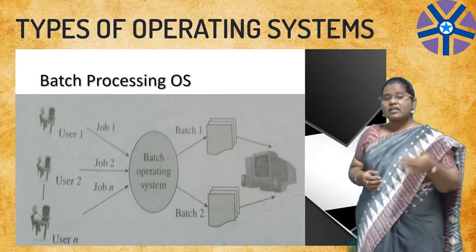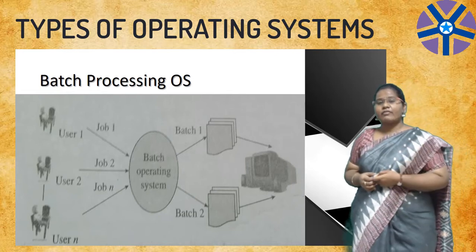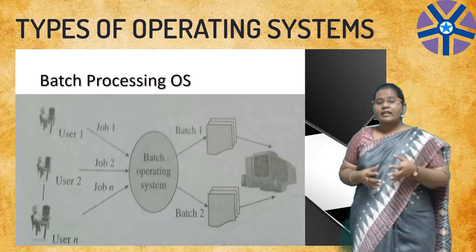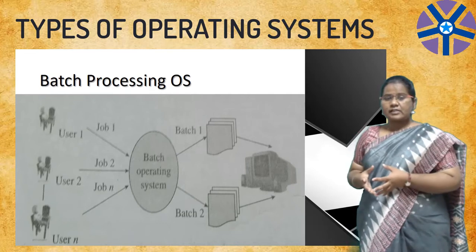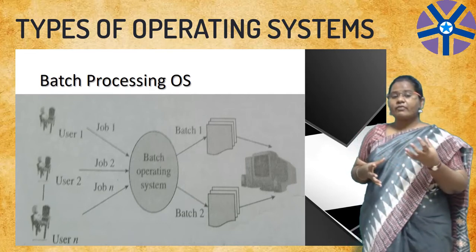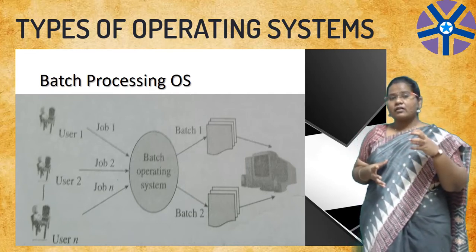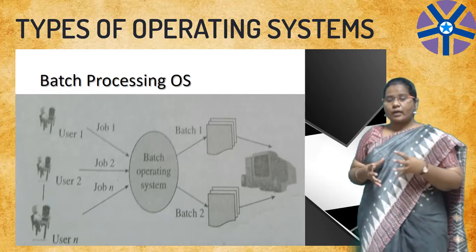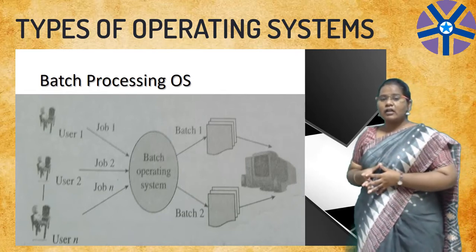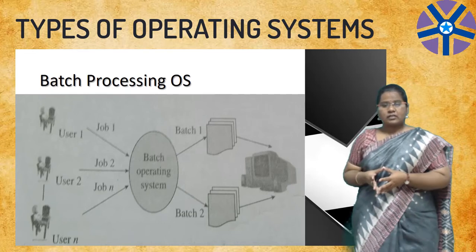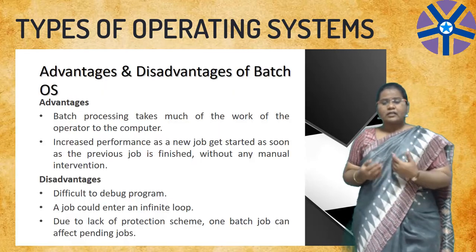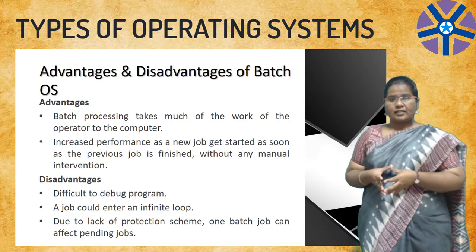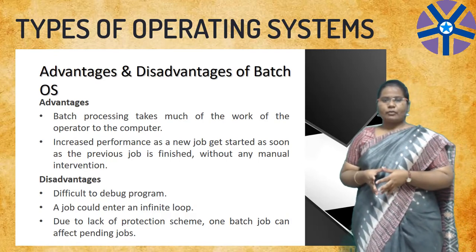Likewise, n users have n jobs, and these jobs are given to the operating system. The operating system makes some number of jobs into one batch and gives it to the CPU to execute.